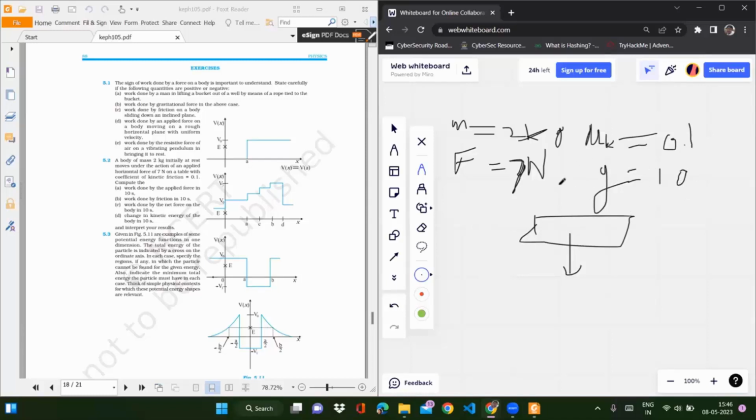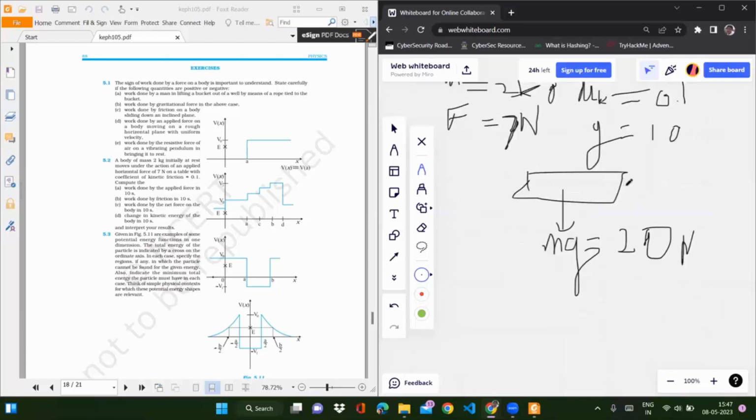But if it is explicitly mentioned that you have to take 9.8 meter per second square, then you have to take the given value. In this case I'm taking g to be 10. So mg will be 20 Newton, and the force applied is 7 Newton.